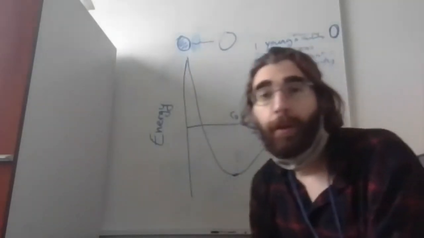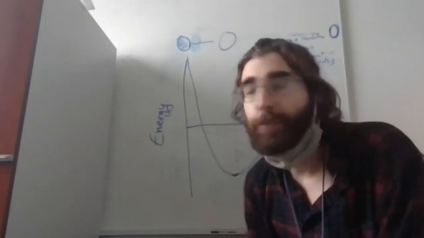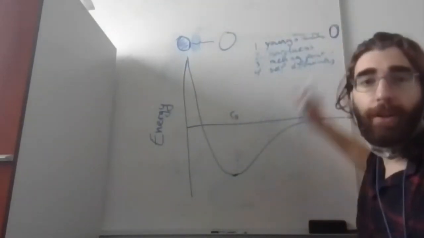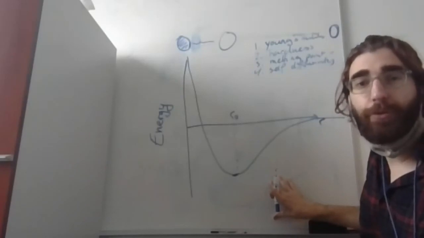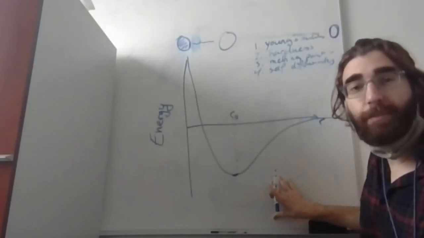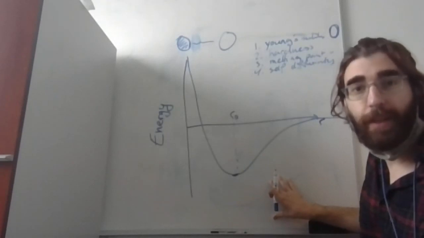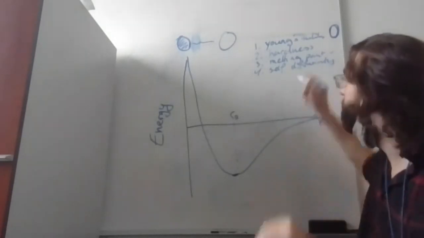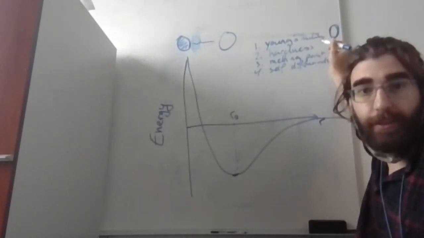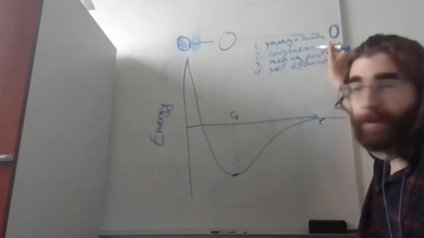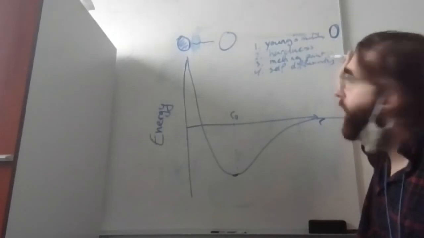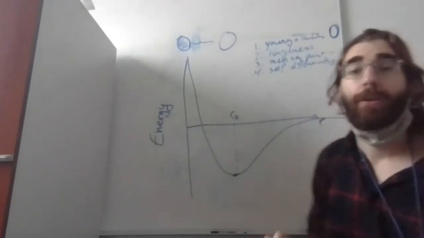So we're going to use this graph to discuss materials that have different properties, and the 4 properties we will be discussing are Young's modulus, hardness, melting point, and self-diffusivity. This is actually on the second set of homework questions. This is question 4. Okay, cool.